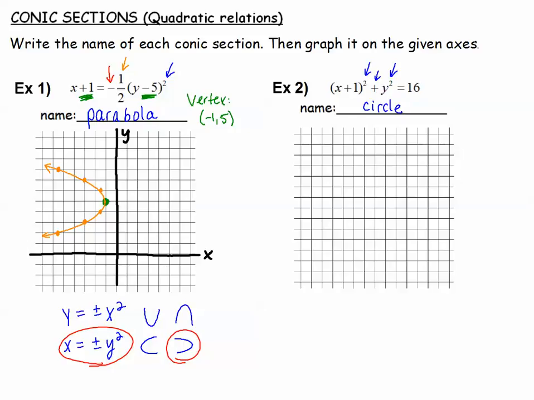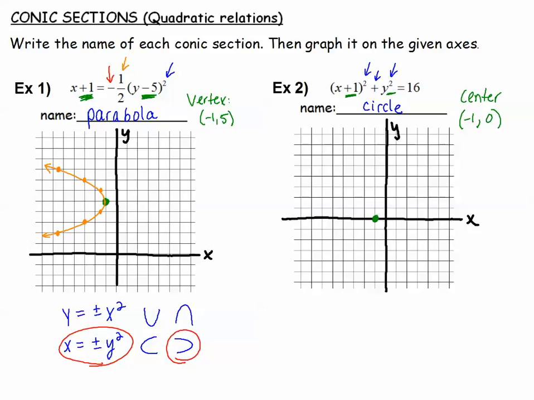It's important to first find the center of the circle. Again, looking next to the x and next to the y for the coordinates of where to start graphing my conic section. -1, 0. So let's draw some axes here on our graph. Knowing my circle starts at -1, 0, the center, we start graphing it there.